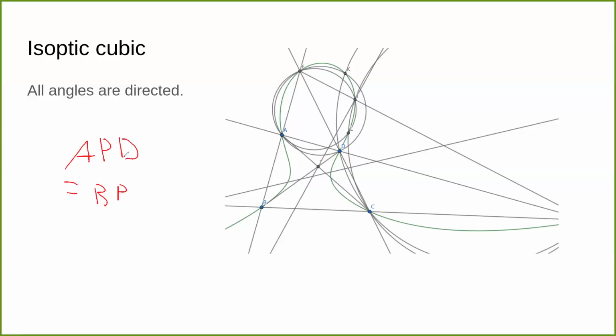APD equals BPC. Just find all P that solve this. Find like 9 examples, because then we can draw the cubic. Is it obvious why A, B, C, D lie on the cubic, or should I explain that? That's only if it's harmonic. They don't exist otherwise.